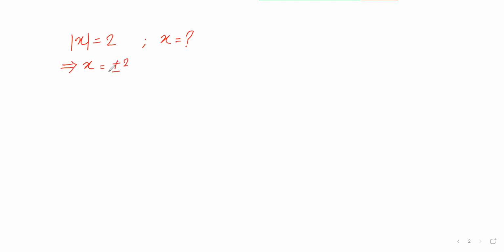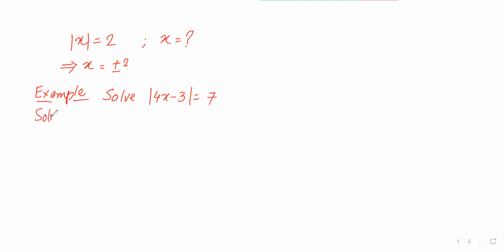So keeping in mind that when we remove the modulus, we always write plus minus 2 on the other side. For example, if I write a question: solve modulus of 4x minus 3 is equal to 7.